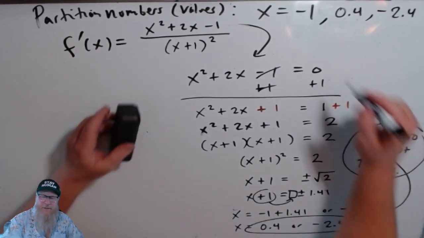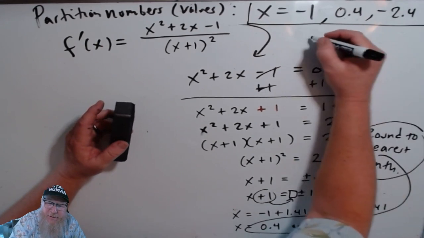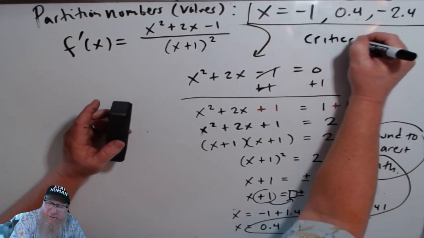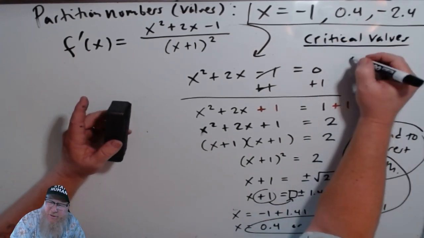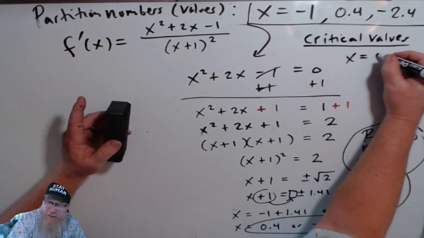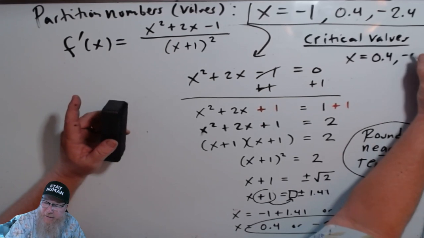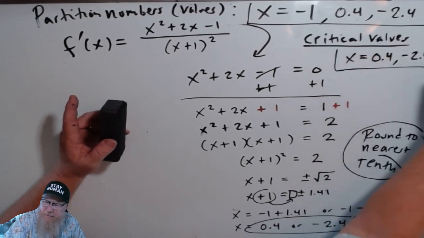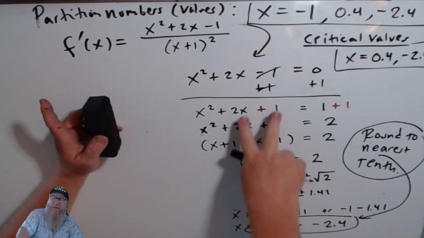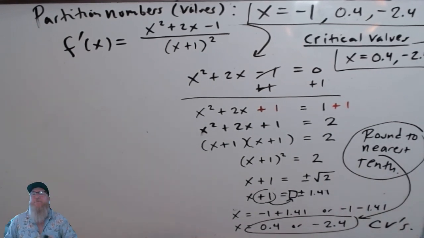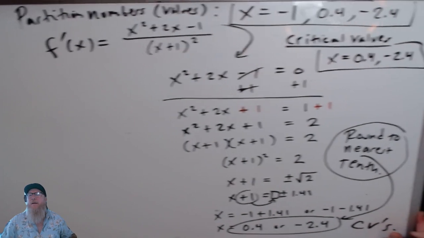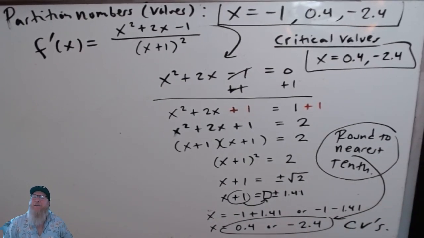Okay. So those are the partition numbers. The criticals are just the two that we got from solving the quadratic equation here. Those are the criticals, CVs. That's really just vocabulary. All right.